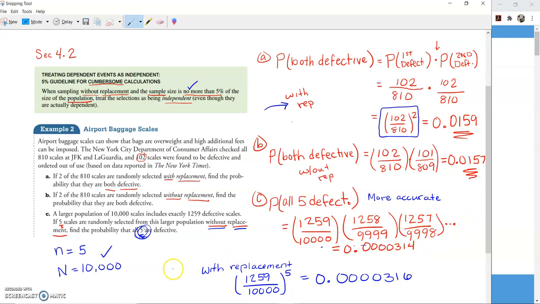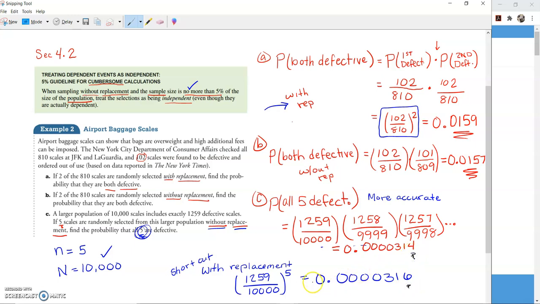With the shortcut, I got 0.0000316. So technically, not 100% accurate, but look at how close it is. We go through 6 decimal places before it's a little bit off.